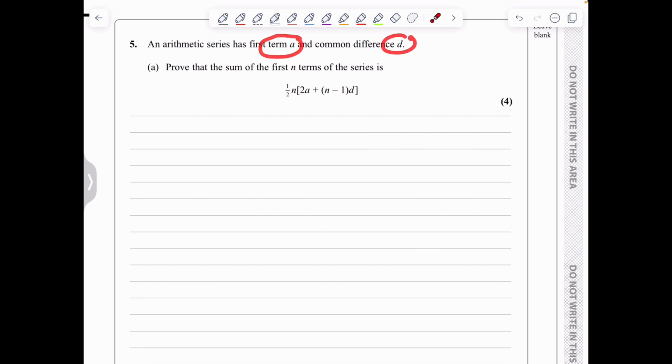We need to prove the summation formula for the first n terms. So let me start by defining Sn to be the sum of the first n terms, so u1 plus u2 plus u3 plus ... up to un. We know that the first term is a, the second term is a plus d, the third term is a plus 2d, and so on, up to the nth term, which is a plus n minus 1 d.